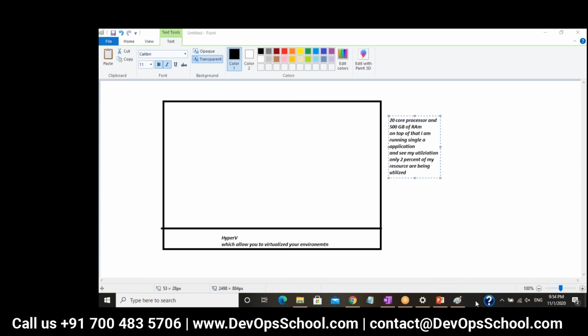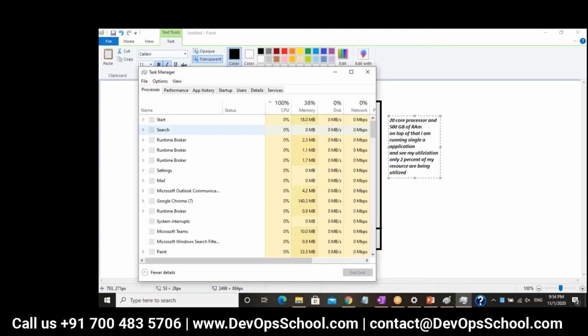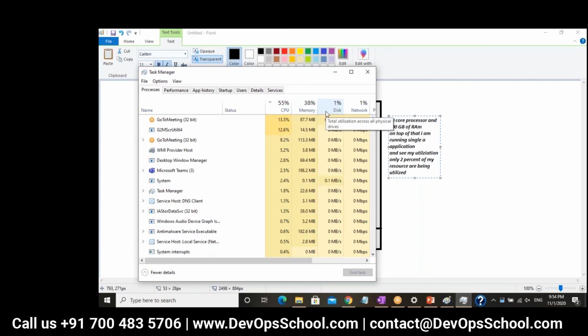Like if you look into your system task manager, if you just wait for a few minutes, you can see that 49%, 50% of my CPU, 38% of my memory, and 1% of my storage I am using.